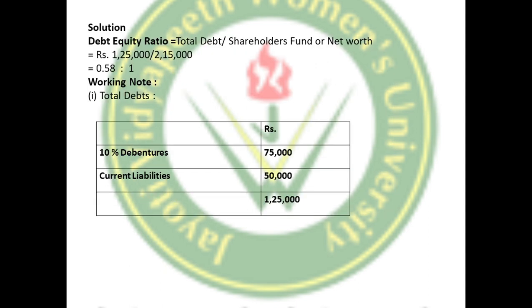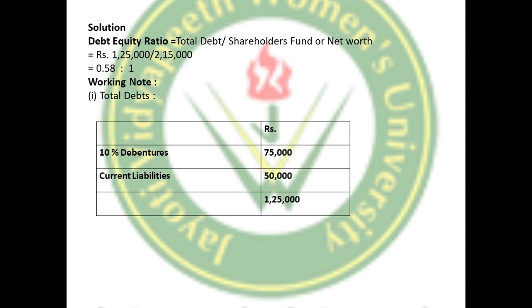Now to calculate debt equity ratio, first we have to apply the formula, and the formula is total debt divided by shareholders' fund or net worth. Two components are important to calculate this ratio. First is total debt. To calculate total debt, we have to take debentures and current liabilities.